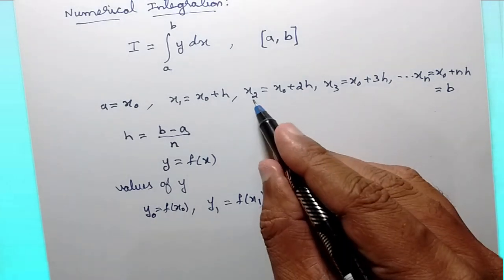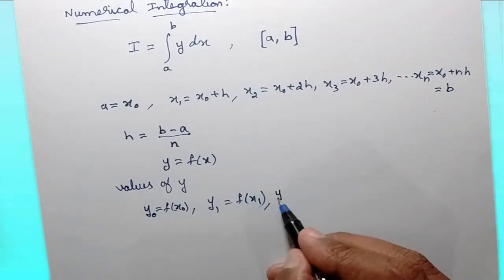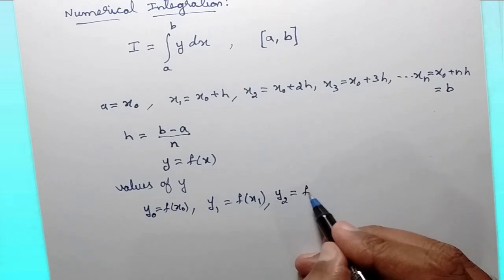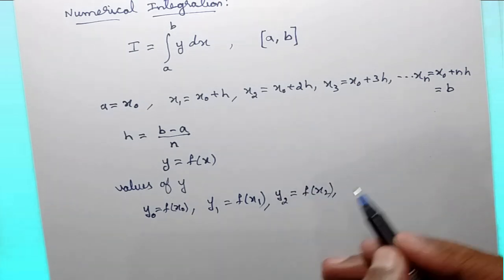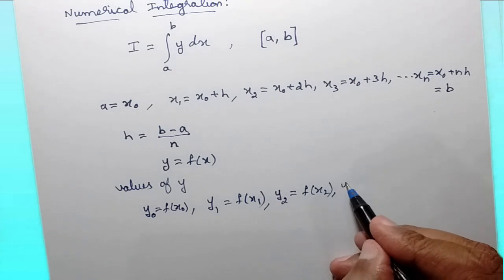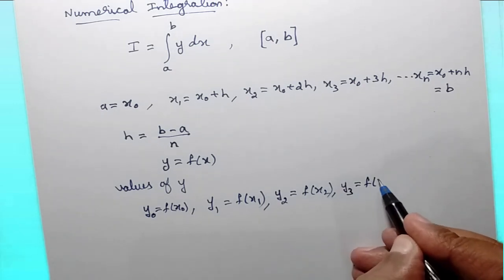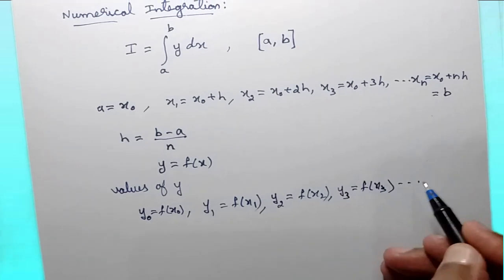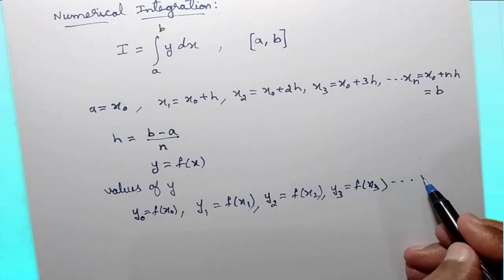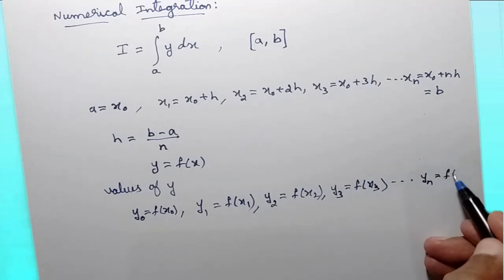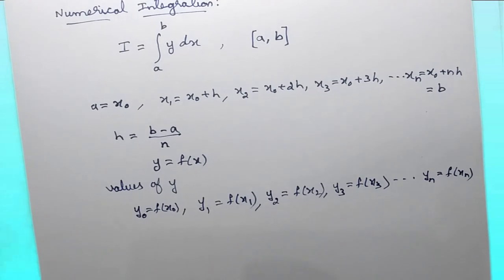Similarly, for x2 it will be y2, which is f of x2. For x3 it will be y3, f of x3, and so on. For xn it will be yn, which is f of xn.